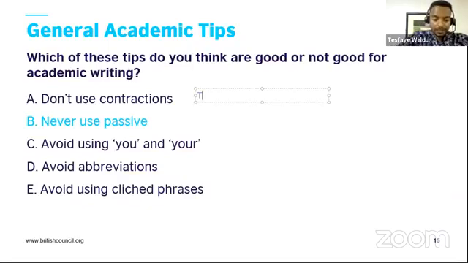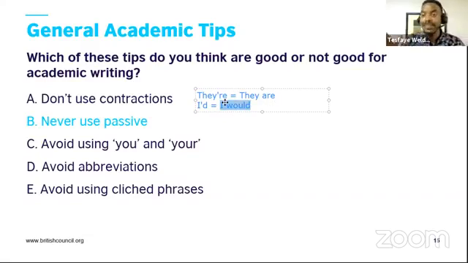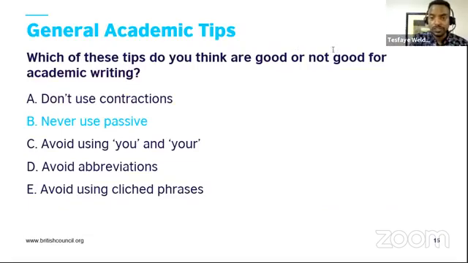So instead of using a contraction, we may use the long form, as in they are, not they're; you are, or I'd can be I would. So it's better to use the long forms in academic writing, in any formal writing, yeah? So do avoid contractions in academic writing.